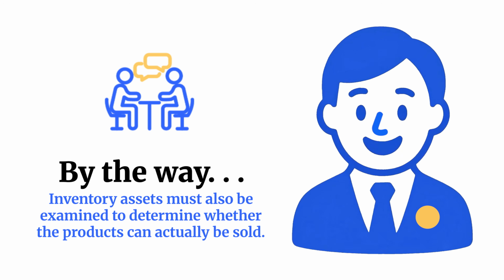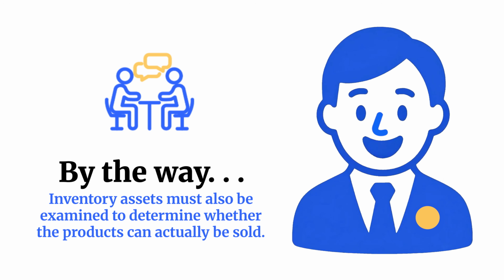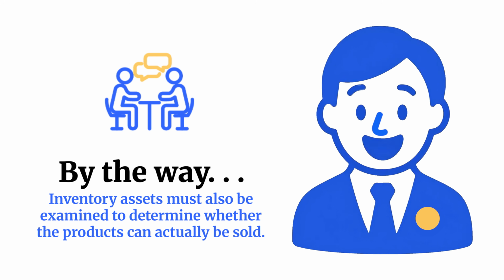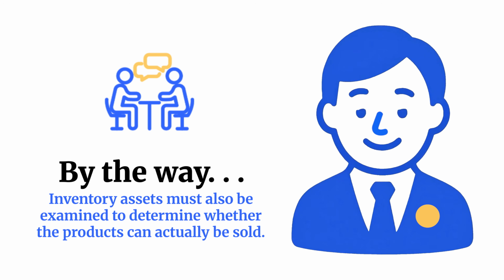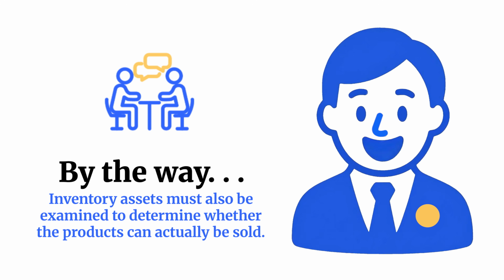Now, let's summarize the key point. The most important thing is to always consider these two perspectives together. Short-term cash-generating ability through current assets and long-term business value through fixed assets.